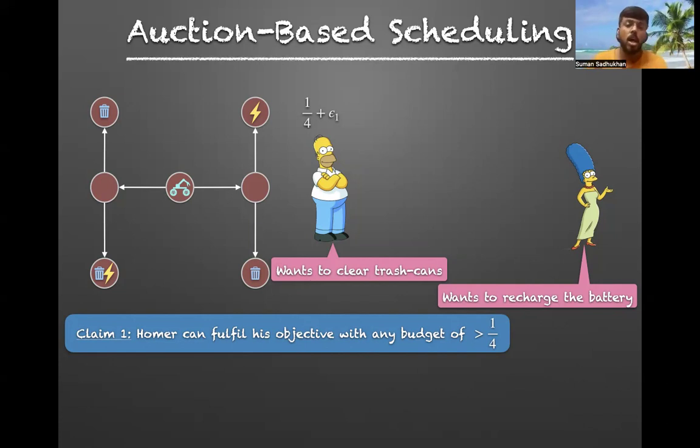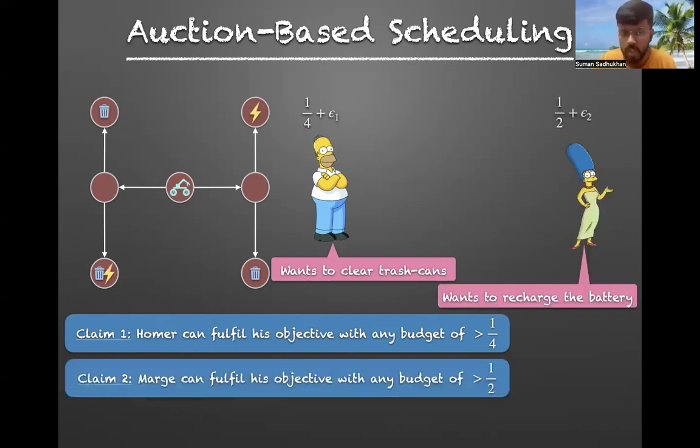Homer, as I said, doesn't care about the battery, so he doesn't know where the battery is. He only cares about his objective, and he will approach the game as if it's his game. We know that if we give Homer more than 1/4 of the budget, he can make sure that the robot visits one of these three vertices.